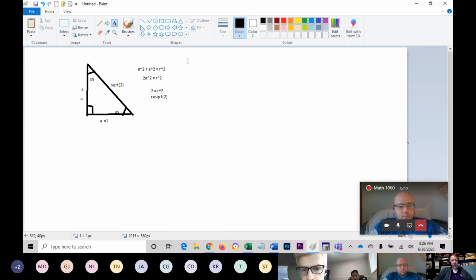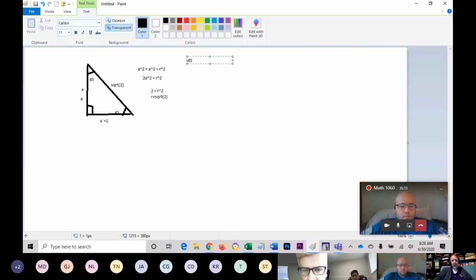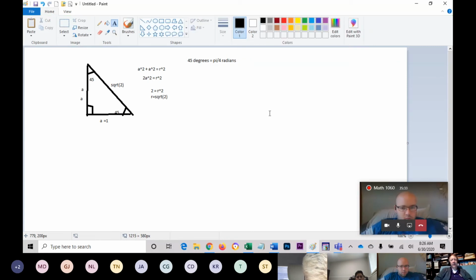Now, I'm going to have a chart here in a minute, but 45 degrees is going to equal pi divided by 4 radians. So there are going to be some of these radians that you guys are going to want to remember. So that works out there.